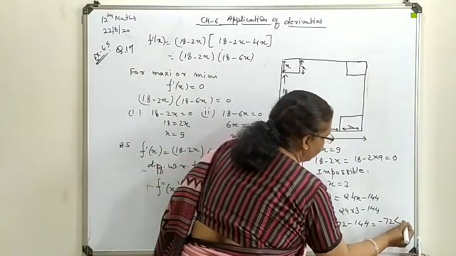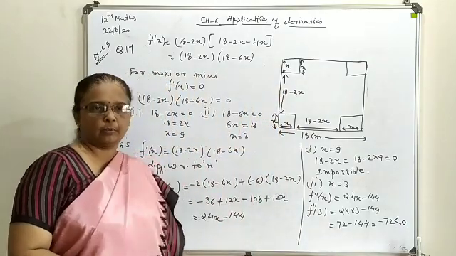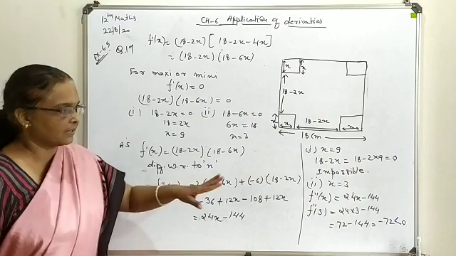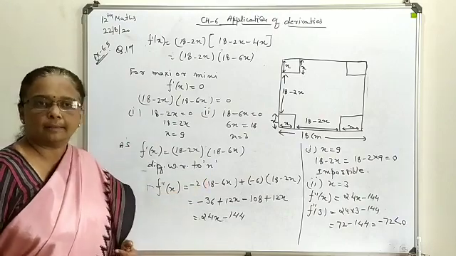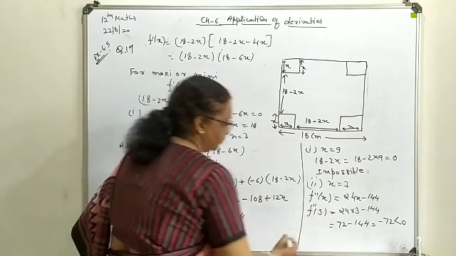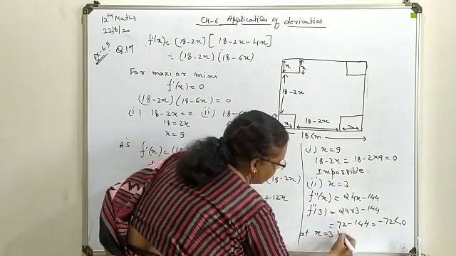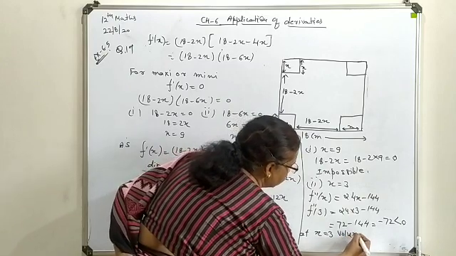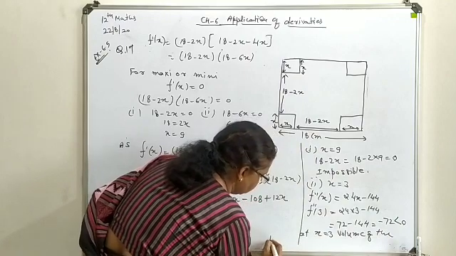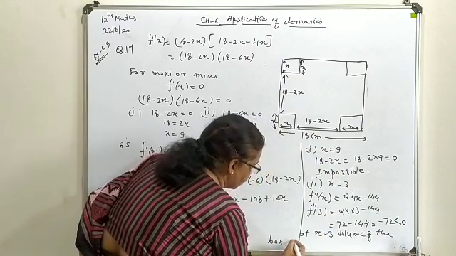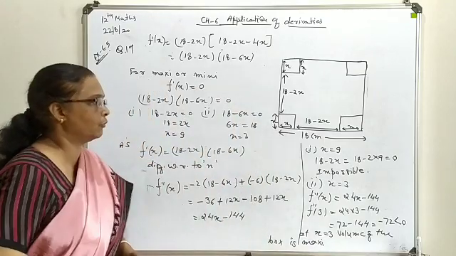Obviously it is a negative quantity. As your double derivative is a negative quantity, that means at x is equal to 3, your volume will be maximum. So here at x is equal to 3, the volume of the box is maximum.